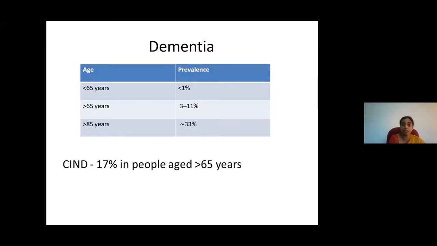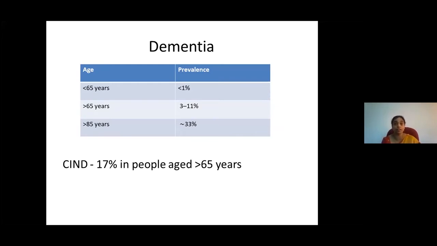You will understand the burden of dementia when the population is aging, when we are aging. Up to 65 years of age, the prevalence of dementia is less than 1%, but above 65, it goes to nearly 11%. When aging advances, when it is more than 85 years of age, one third of them will have dementia.